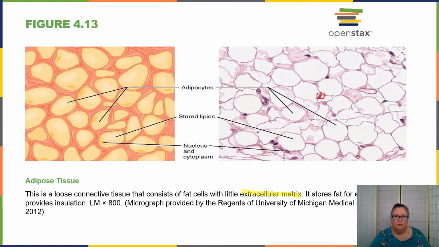The lipids are stored inside it, and then the nucleus inside of plasma is quite small. In this case, the extracellular matrix is minimal compared to the other connective tissues. But adipose tissue or fat tissue is considered a connective tissue. Its function is to store energy. It also provides insulation and cushioning in various parts of the body.